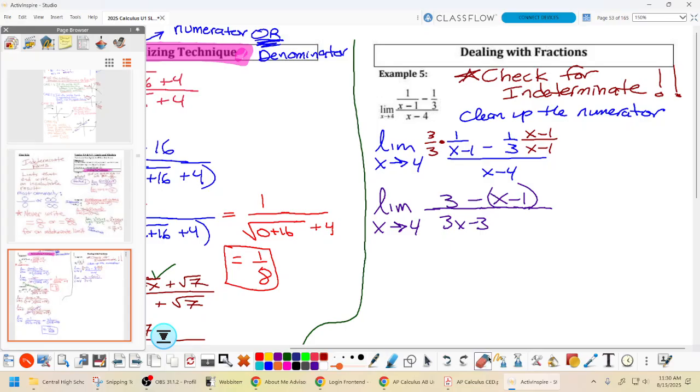I think I'll center this denominator just because it looks kind of funny. So questions on where that came from? Are we all good?